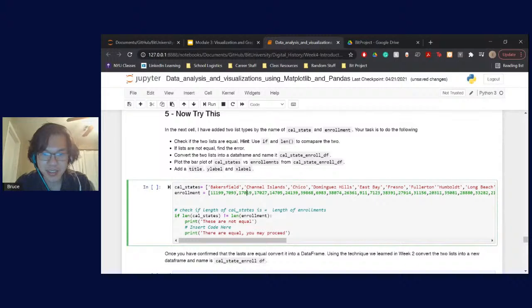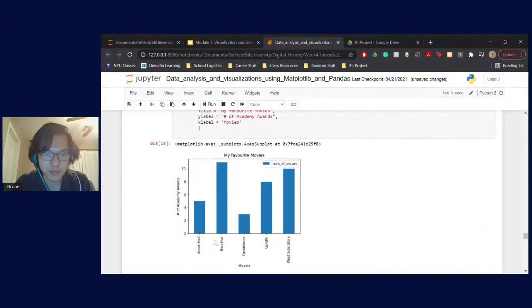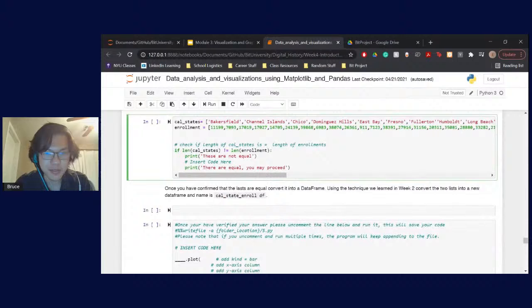In which case, it doesn't make sense to put a bar plot because clearly we don't have this one-to-one correspondence between number of Academy Awards and the name of the movie. So if they're not equal, then we can't really even go on. Otherwise, they are equal. You may proceed.